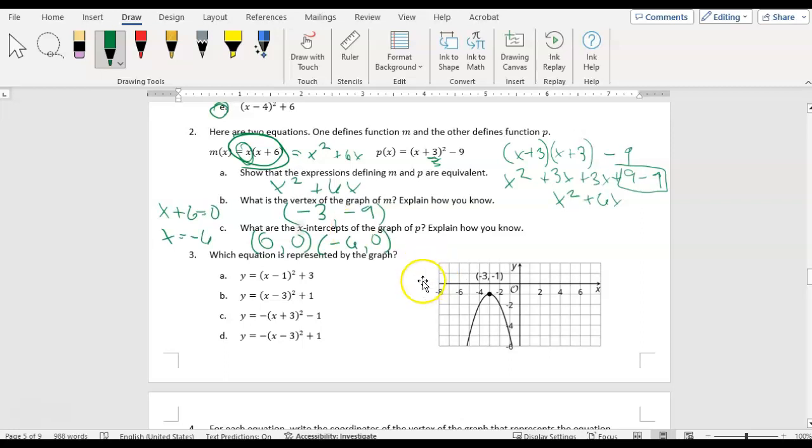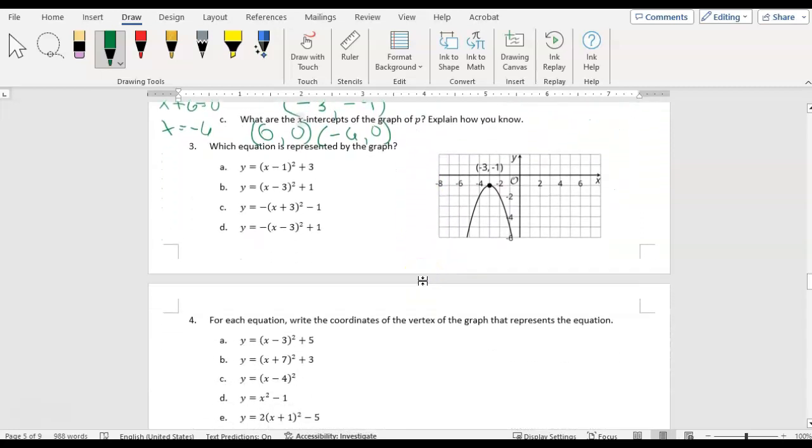All right. It says, which equation is represented by the graph? So here our vertex is (-3, -1). So I would do y equals (x minus -3), which would be (x plus 3) squared minus 1. So we want to look for one that matches that.